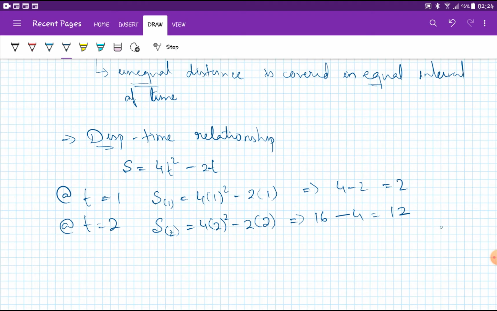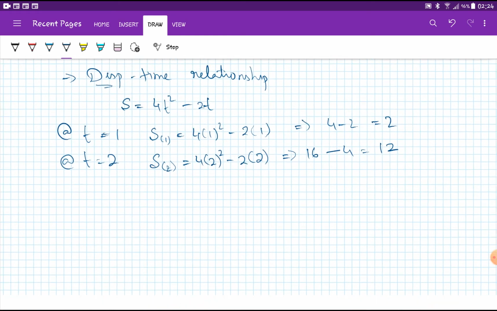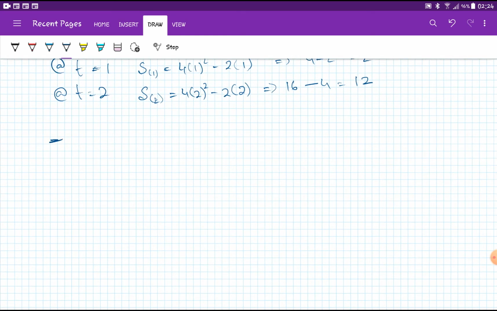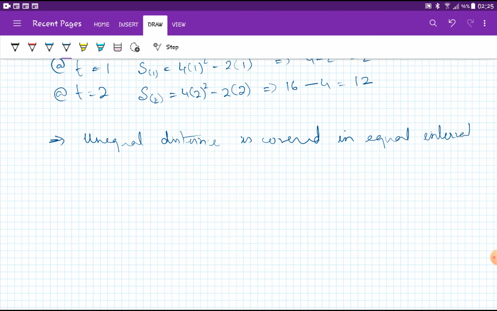Unequal distance is covered. So what is non-uniform motion? Non-uniform motion is that unequal distance is covered in equal interval of time.